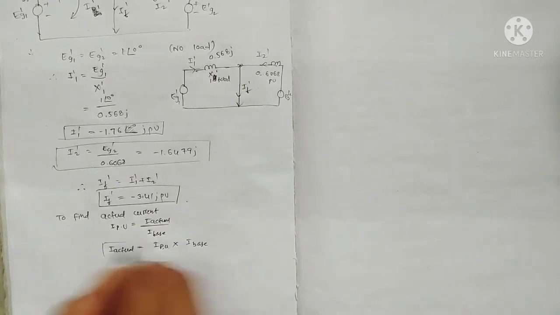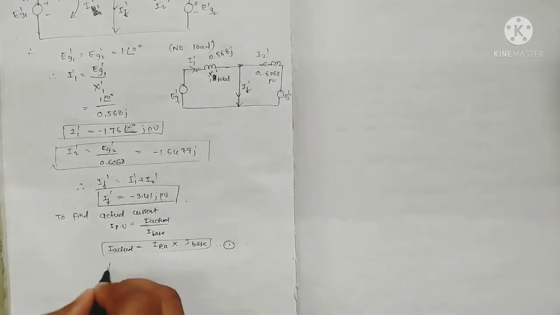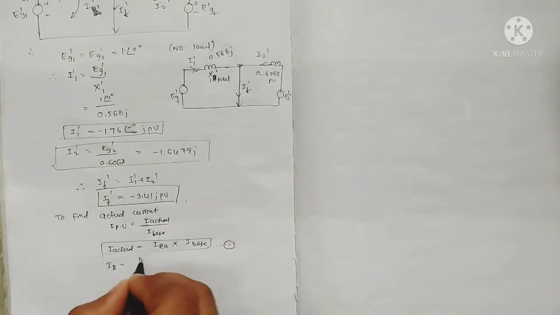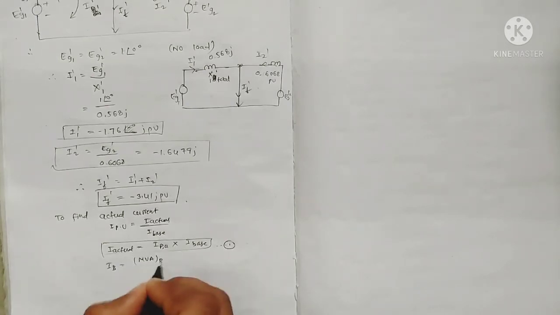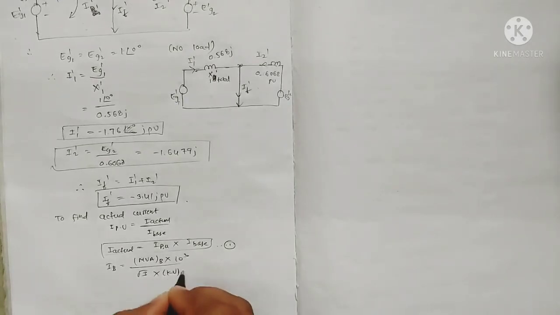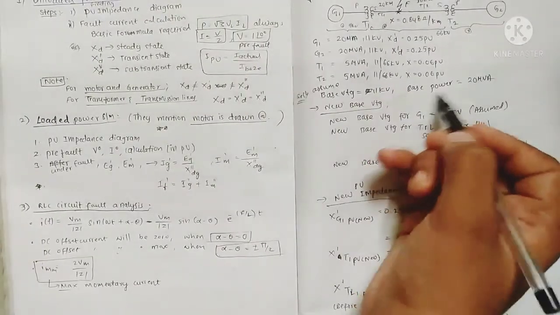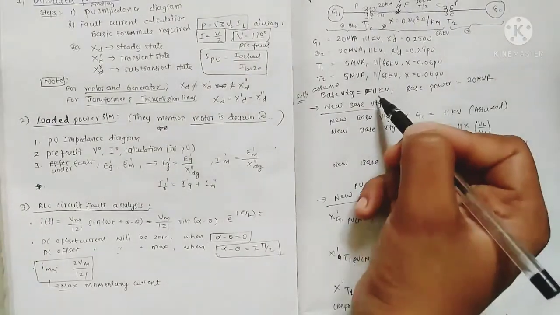We need I base. Let it be equation 1. For I base, we have a standard formula: MVA base, the new MVA base, into 10 raised to 3, divided by root 3 into kV base. The new base power is 20 MVA and the new base voltage is 11 kV. We need to take these two.